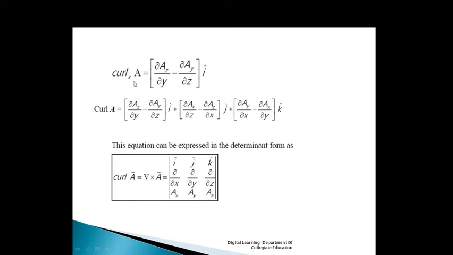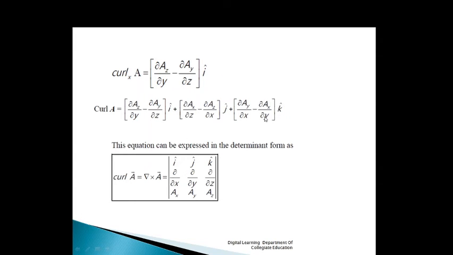Sum of curl along x, y and z. Therefore, curl A equals (∂Az/∂y minus ∂Ay/∂z) i cap plus (∂Ax/∂z minus ∂Az/∂x) j cap plus (∂Ay/∂x minus ∂Ax/∂y) k cap.